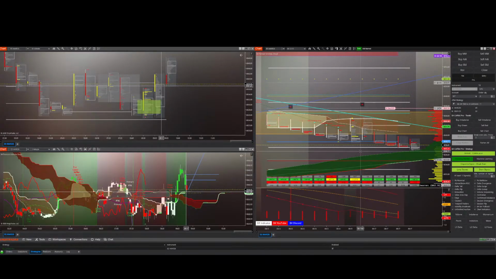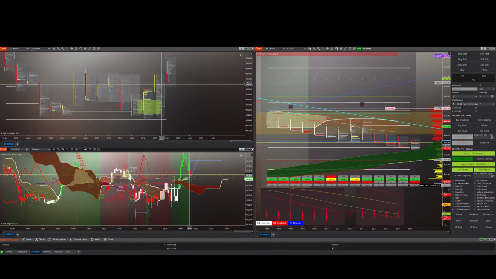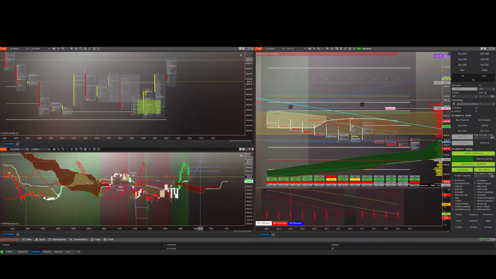We come here. I anticipated it coming down to here when I was measuring. Let's go ahead and pull it down to the Kijun-sen. It may go a little more.